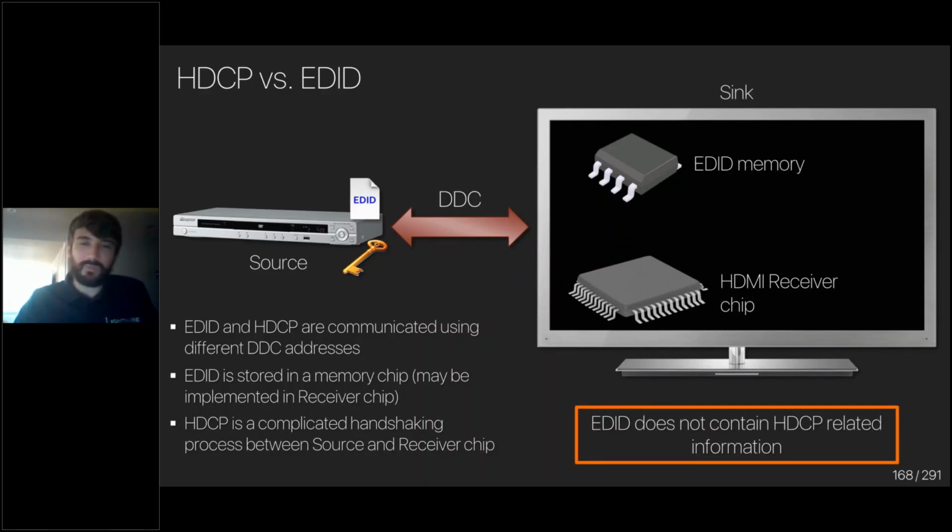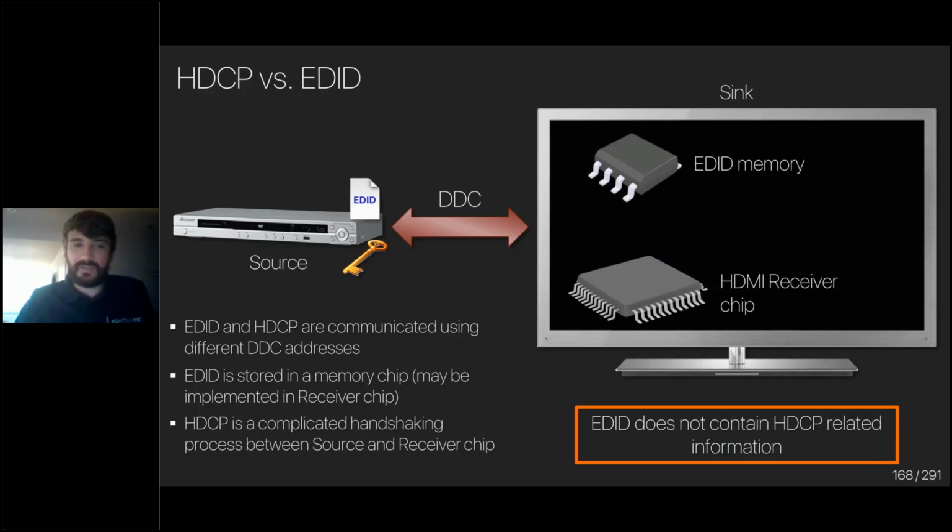So no matter what the EDID might say about the HDCP capabilities of the display, it doesn't actually get involved in the process. And as we'll see later, with the HDCP communication, there can be benefits to manually shutting that off and effectively disabling HDCP.